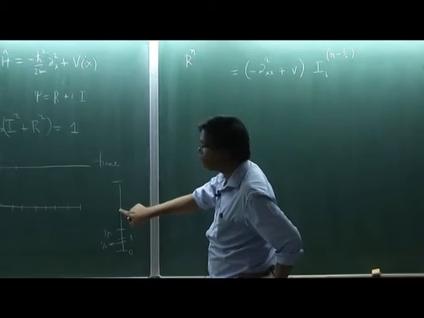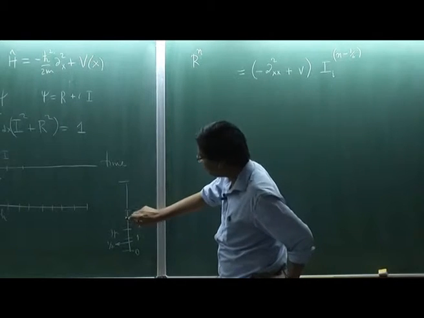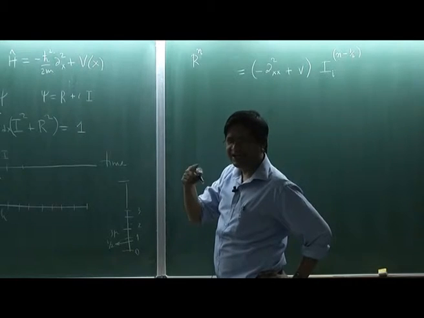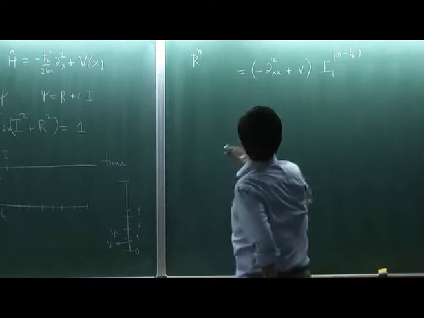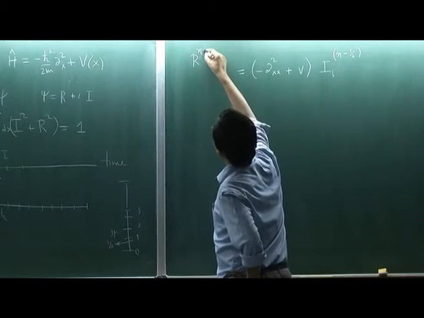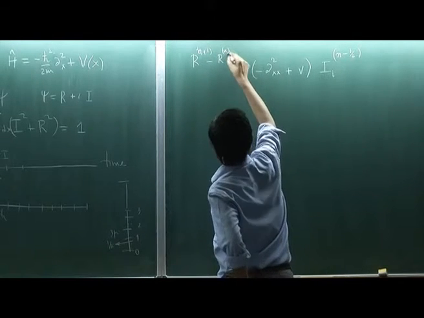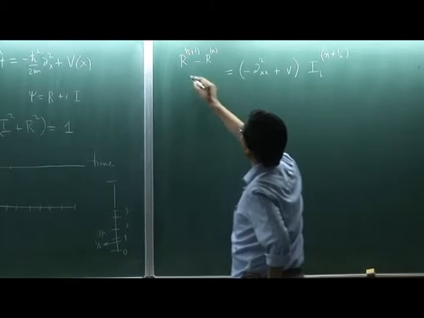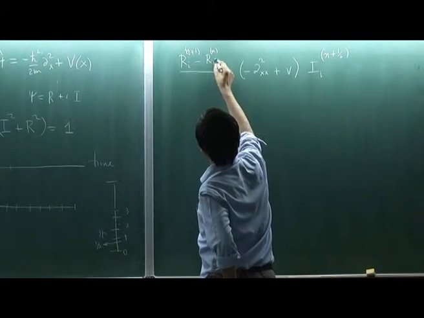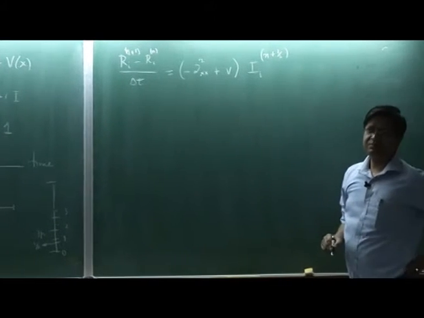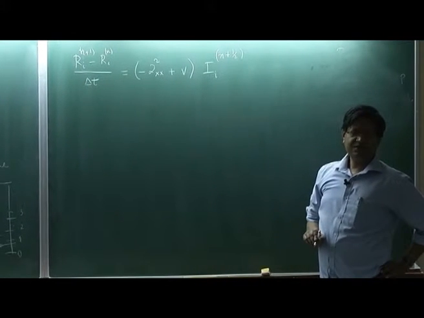Let us say I want to jump from 2 to 3, so I will use 2.5. So this will be n plus 1 minus Rn, plus half, by I delta t.